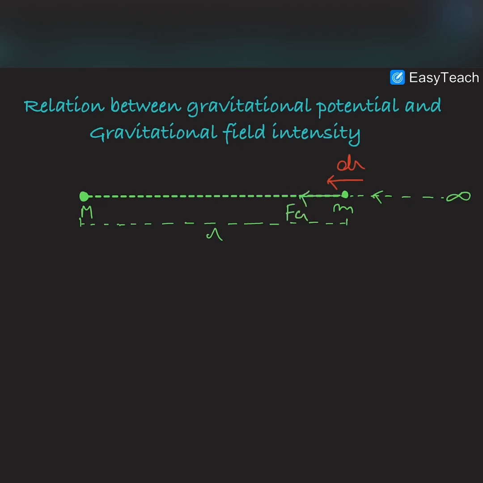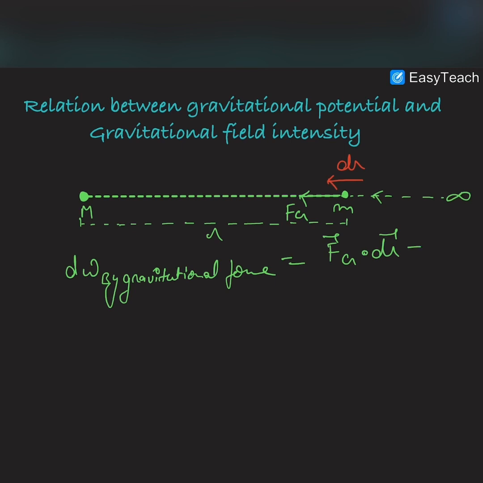So the work done dW by the gravitational force would be equal to F gravitational dot dr. Okay, so this is the work done in displacing this mass, and you know that gravitational force is conservative in nature, so we can say that the work done by any conservative force is always in order to decrease the potential energy, and we can say that the work done by this gravitational force would be decreasing the potential energy of the system.